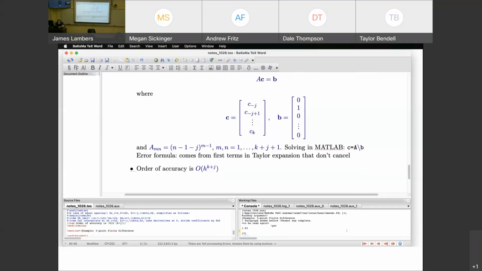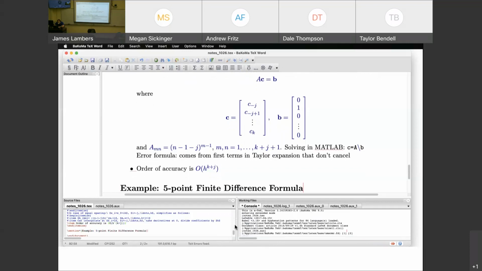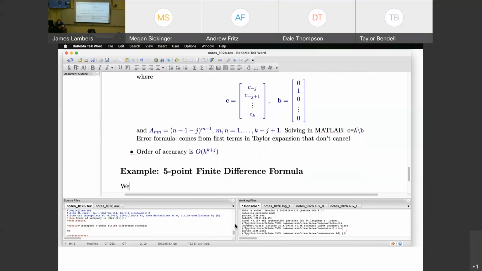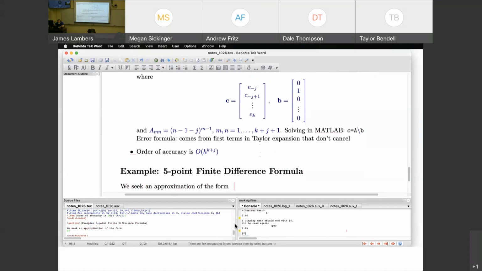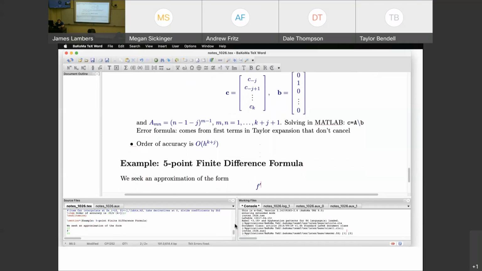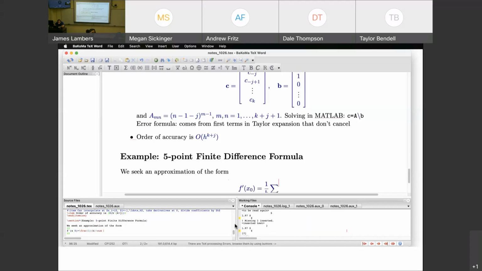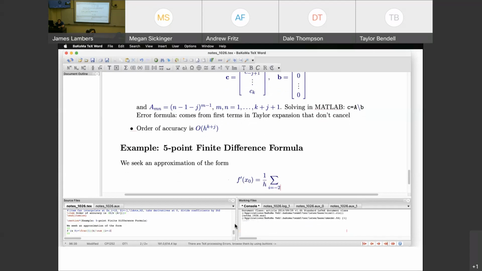So all these formulas that we get are called finite difference formulas. All right, now what we're looking for is f prime equal to 1 over h times a sum from minus 2 to 2.